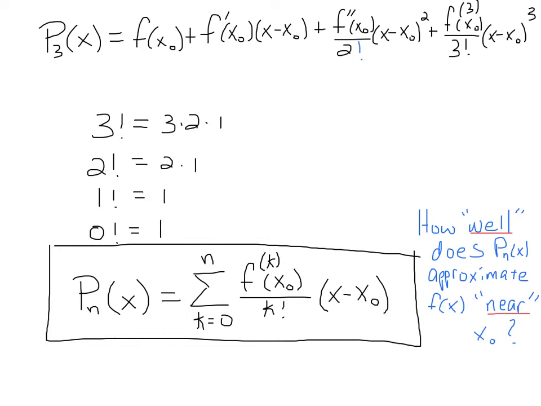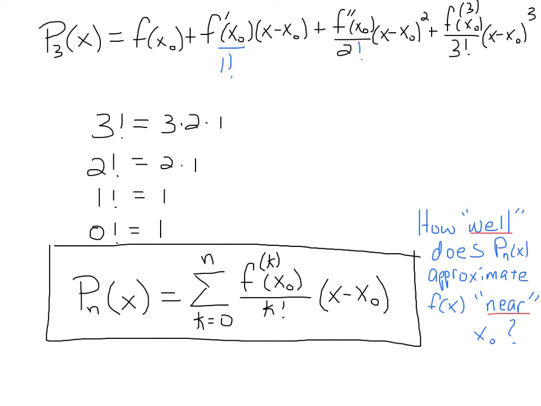Recall that 3 factorial is 3 times 2 times 1. If you wanted to put a 1 factorial under there, that's still going to be 1. You could put a 0 factorial under the first term, but remember that 0 factorial is 1. The reason that term does not have an x minus x naught is that it's x minus x naught to the 0 power, which is simply 1.